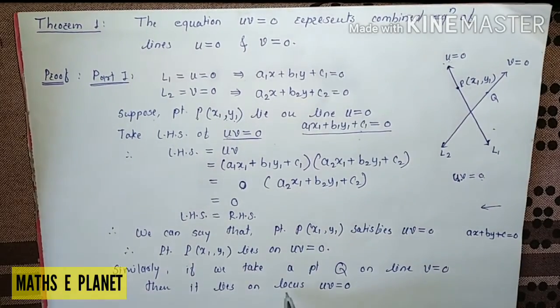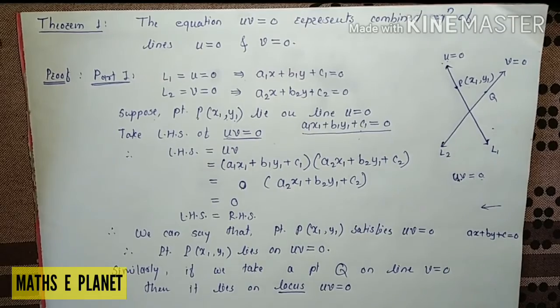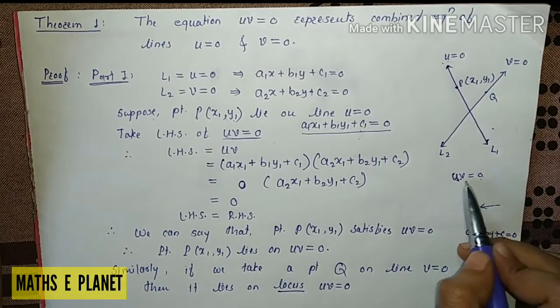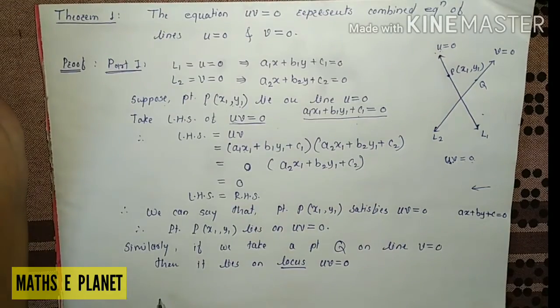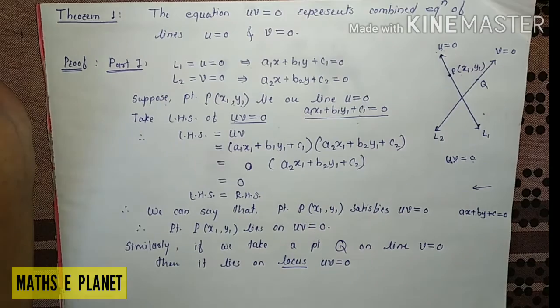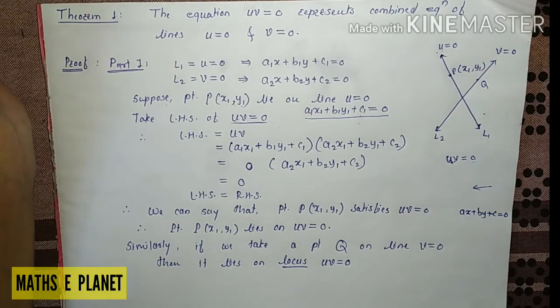Here we are saying locus because we still do not know about the nature of this equation. Now, this is the first part, and what will be the final statement in the first part.